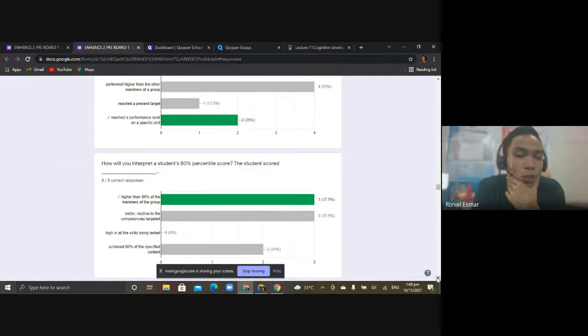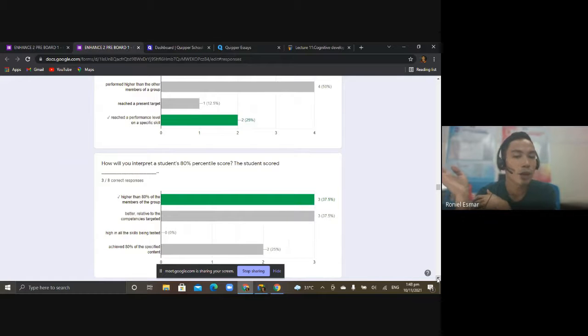In other words, only 20% of the entire group or class got the same or a better score than him or her. The other 80% of the entire population of the class got lower scores. Understand?